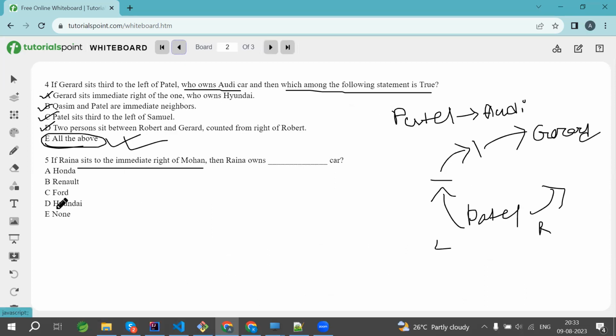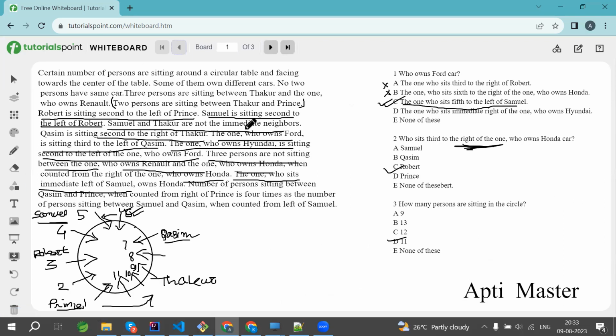So this can be the answer, right? You need to read each line very carefully, then you can draw the proper picture and think very wisely, and then try to solve this type of question. These are very critical type questions.